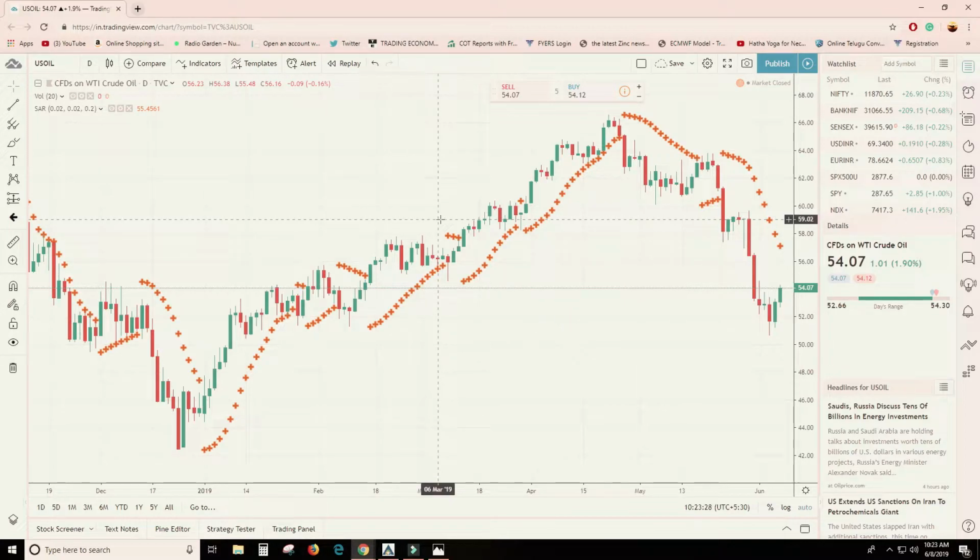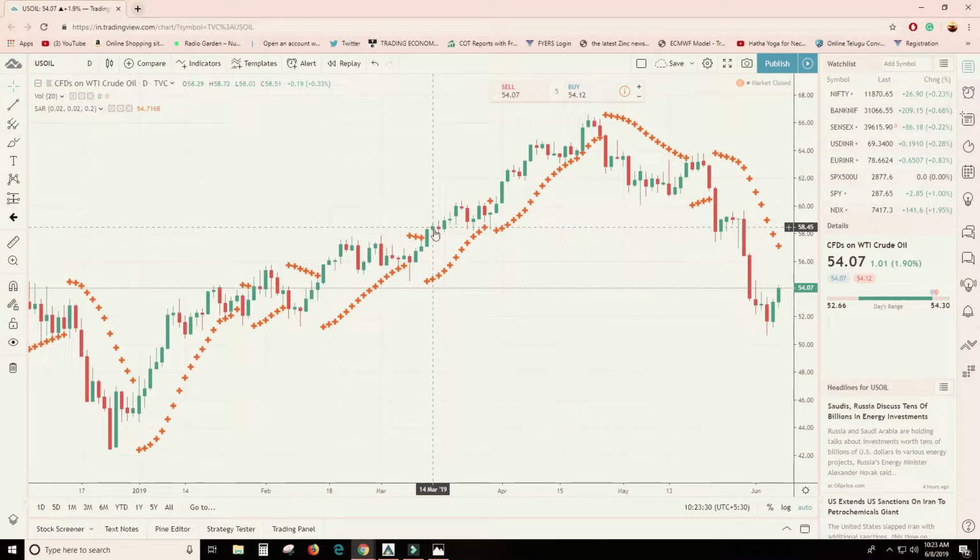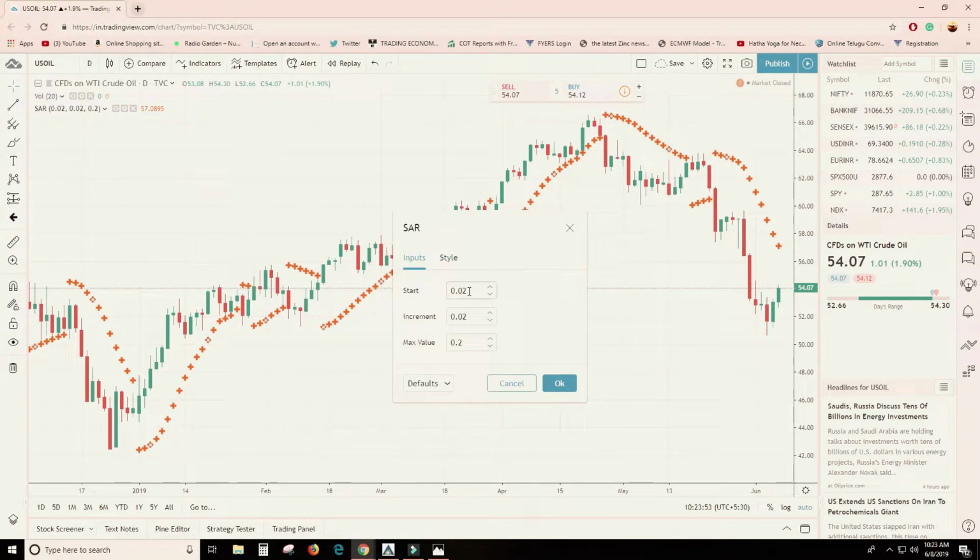So here I use a simple trick where I change the parameters according to my situation, and I want to filter out some of the fake signals. I can filter out many fake signals, but it's not 100% foolproof. So what I will do is change the inputs to 0.7 and the max value to 0.1.